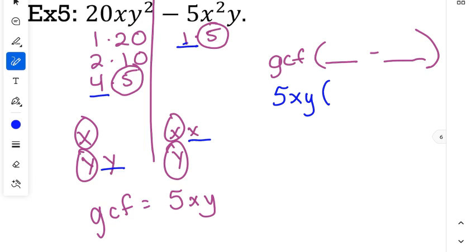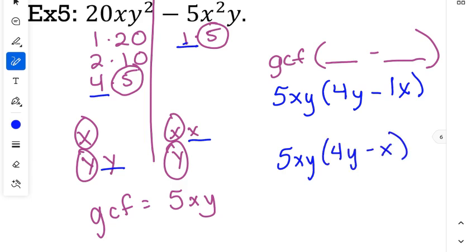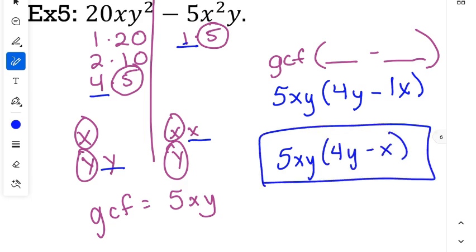Underline what's left over on each side, or what's the match with our GCF. So we would have 4y minus 1x, which, let's go ahead and simplify that to just be 4y minus x.